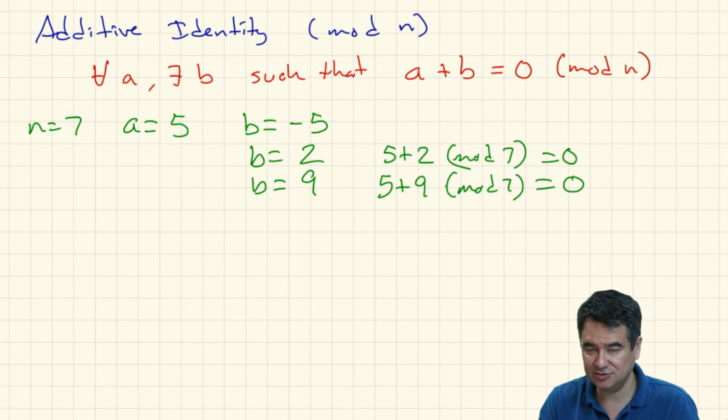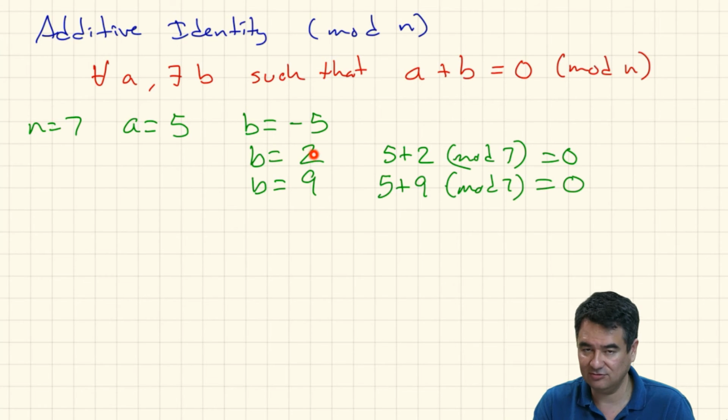So really, the interesting number is not this one, and it's not this one, it's the 2. Okay? So here, that's the critical thing, is that the additive inverse of 5 under mod 7 is not negative 5, it's 2. Okay, does that seem weird? 5 and 2 are inverses of each other because when you add them together, you get 0. And the reason why 2 is the interesting one is because it's the one that's between 0 and 6. 9 is out of range and negative 5 is out of range.